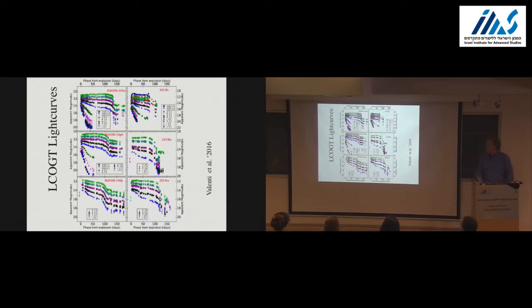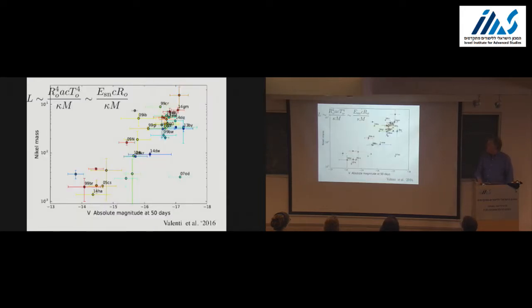But there are some correlations. So let me show you probably the most prevalent correlation that is an observed correlation that doesn't need any. This is not a theory plot. These are now data. So what I'm showing here is the absolute magnitude at day 50. So this is like that luminosity at day 50.